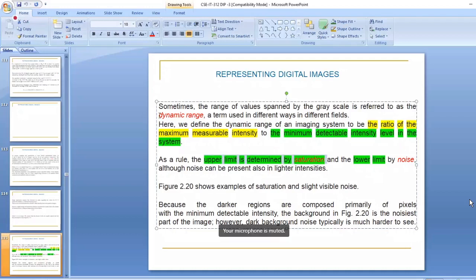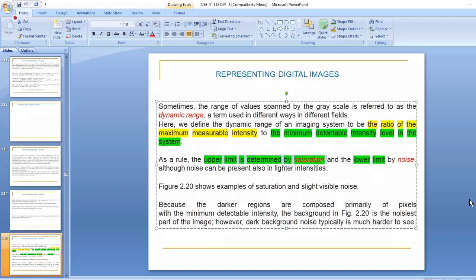How will you be able to detect it within the noise? Now I will show one diagram which will clear this information. See this diagram. It represents an image exhibiting saturation and noise.